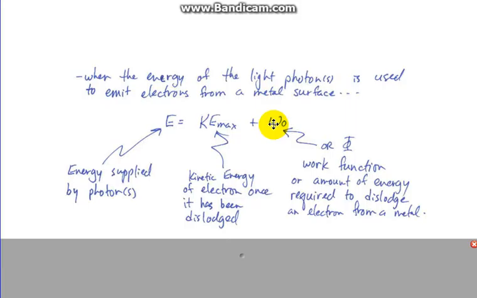In the textbook it's W naught. In the lab it's the Greek symbol phi, but both of them refer to the work function, or the amount of energy required to dislodge an electron from a metal. And then KE max, kinetic energy max, is the energy the electron is traveling with once it has been dislodged. So the energy supplied by a photon does two things: dislodge it and give it moving energy, kinetic energy.